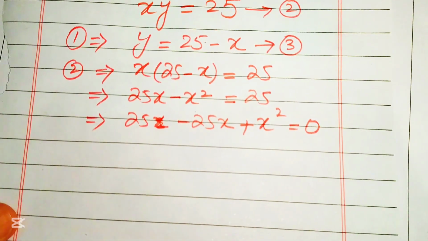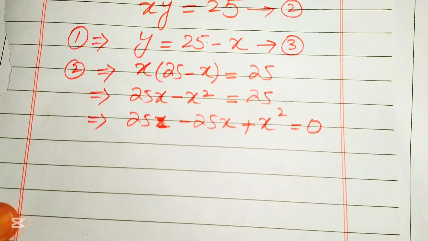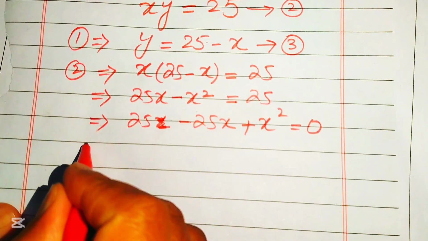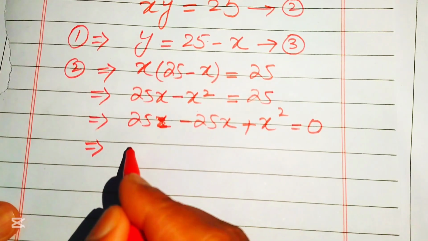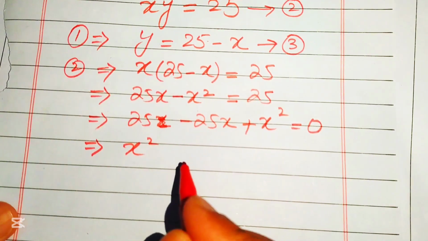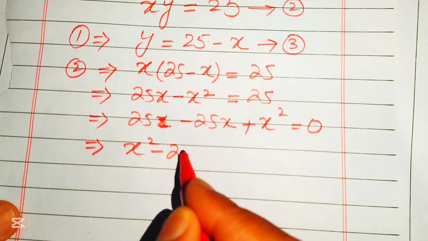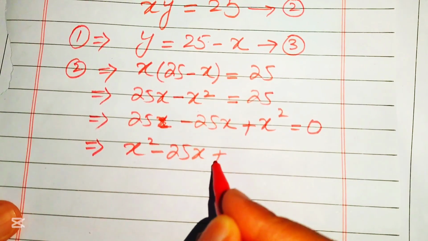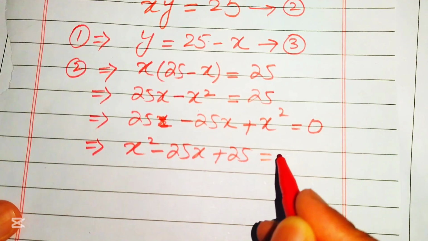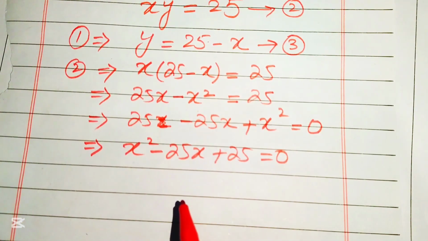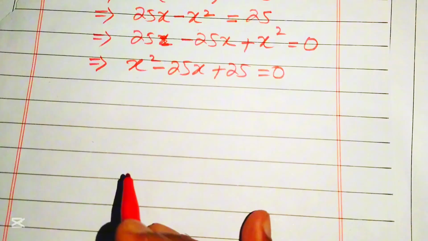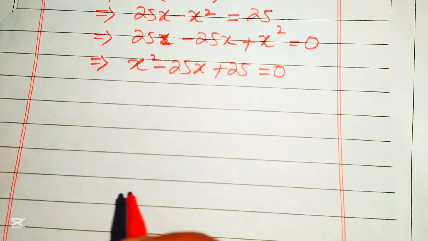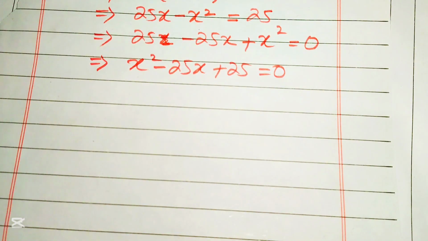So this becomes a quadratic in the x variable, so first we rearrange the terms and write this quadratic equation in the standard form. It will be written as x squared minus 25x plus 25 equals 0. Now we will apply the quadratic formula in order to solve this quadratic equation.